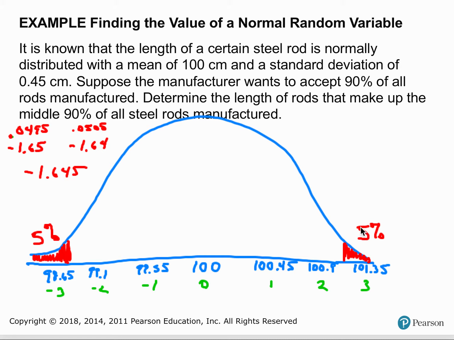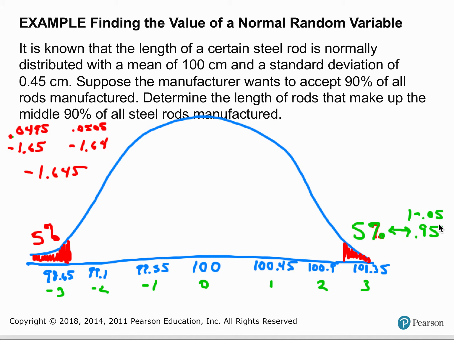Over here, if I want this 5%, remember my graphs, my charts, and calculator always go to the left. So I'm going to find 0.95. I'm going to flip this to 0.95 instead of 0.05. This is 1 minus 0.05, so this is really what I'm looking for on my chart.